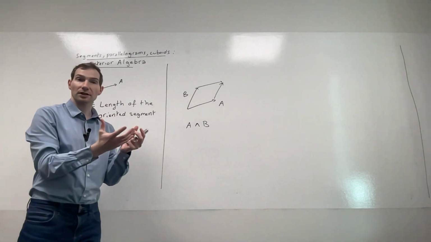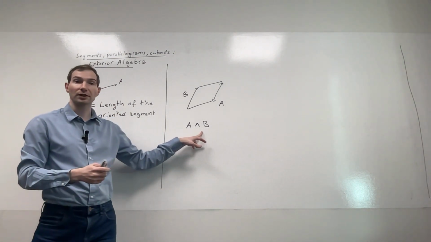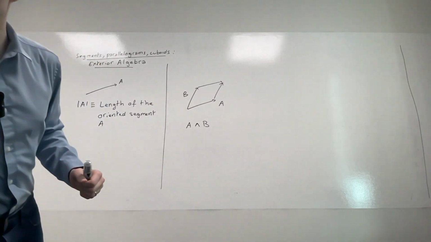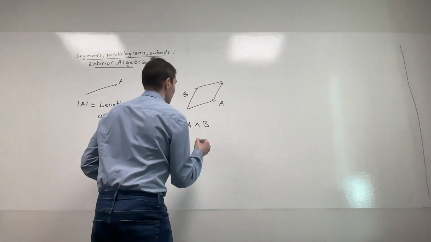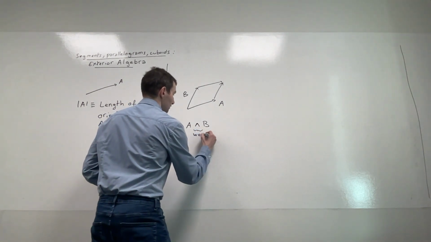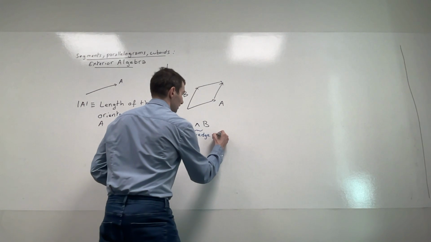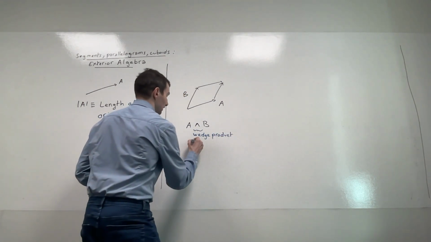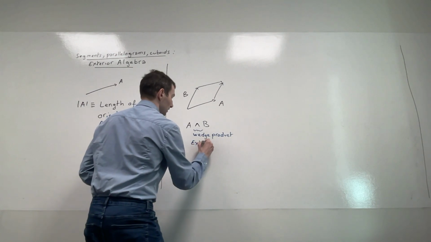So it's an object that you write with an algebraic operation, which is the wedge. This wedge is called the wedge product. And sometimes, of course, it's called the exterior product as well.